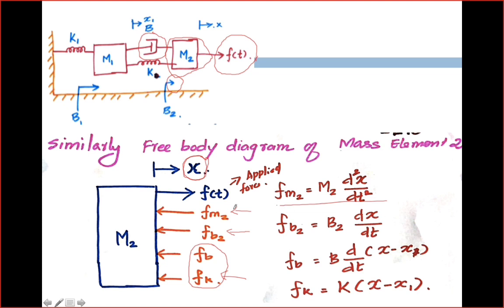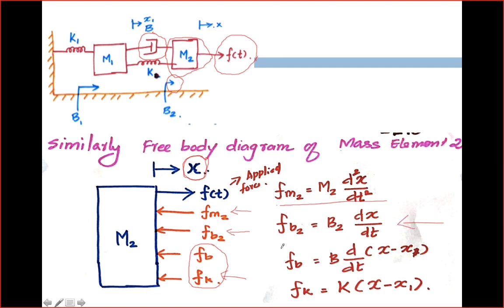So the force balance equation: Fm2 is equal to m2 into d square x by dt square, and fb2 is equal to b2 into dx by dt, the second equation.